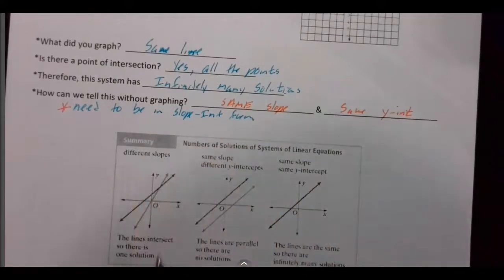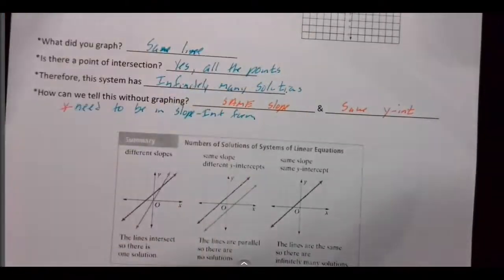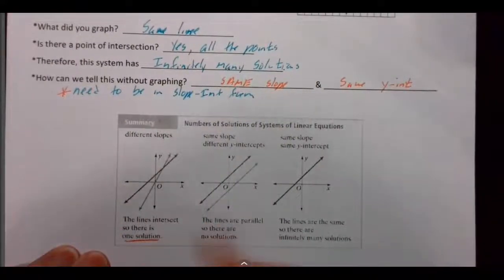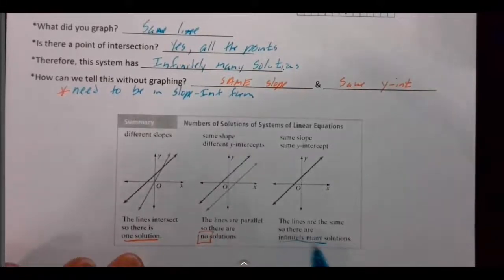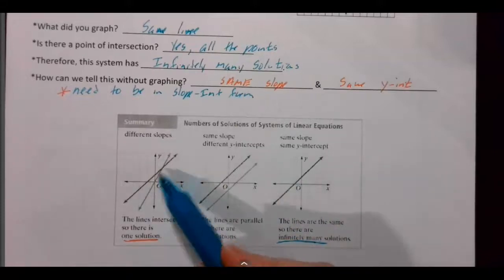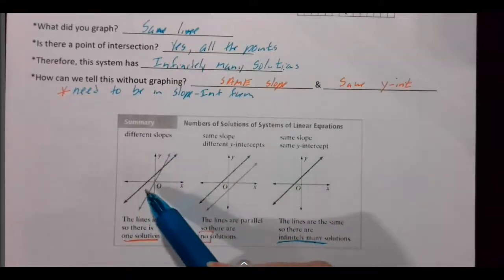So if we have a different slope and a different y-intercept, we're going to have one solution. And these are the three different choices you can have when you're talking about systems. You can have one solution, you can have no solution, or you can have infinitely many solutions. Those are the three options. If they intersect, it's going to be one point. They're going to have different slopes and different y-intercepts.